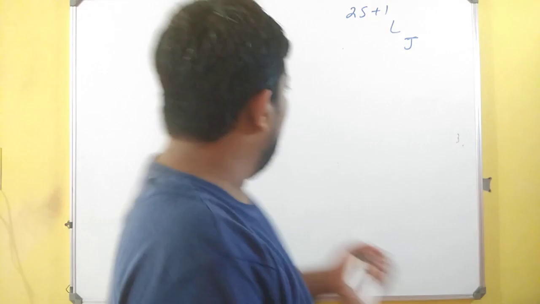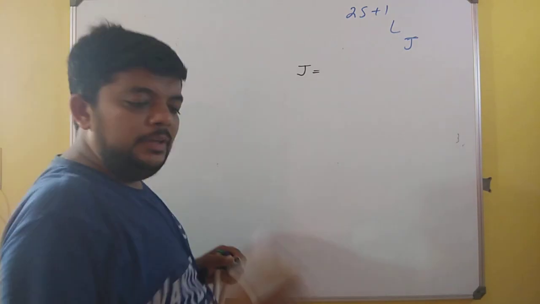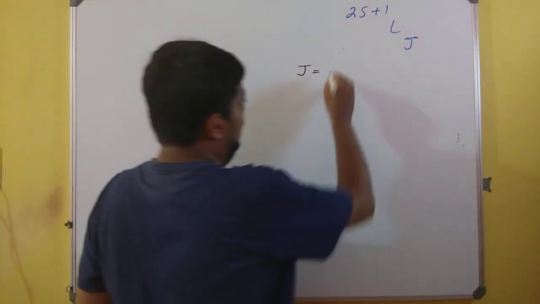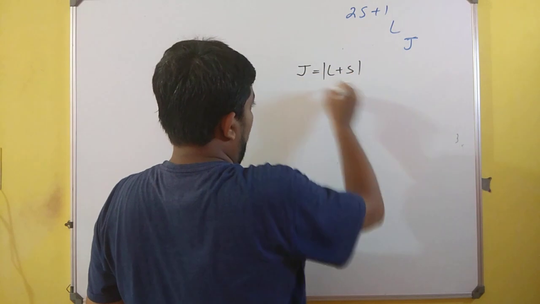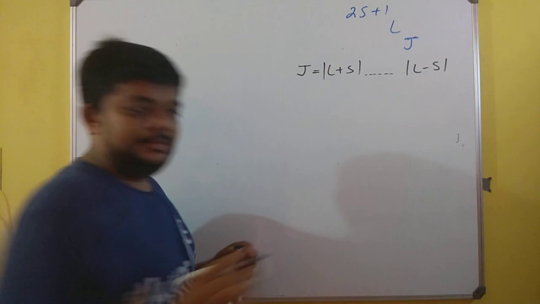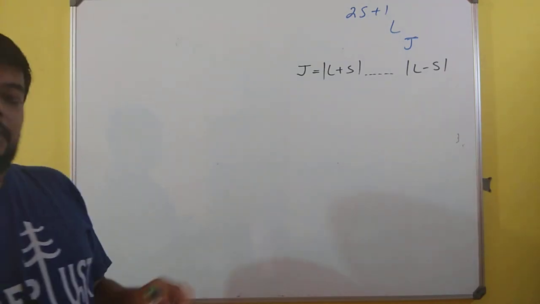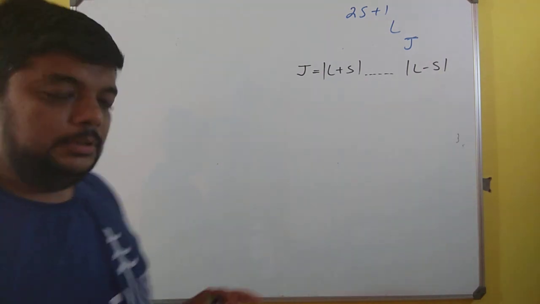Now remember, whenever we say J, we always write a formula that is L plus S up to L minus S, and these values will help us in determining the term symbols.